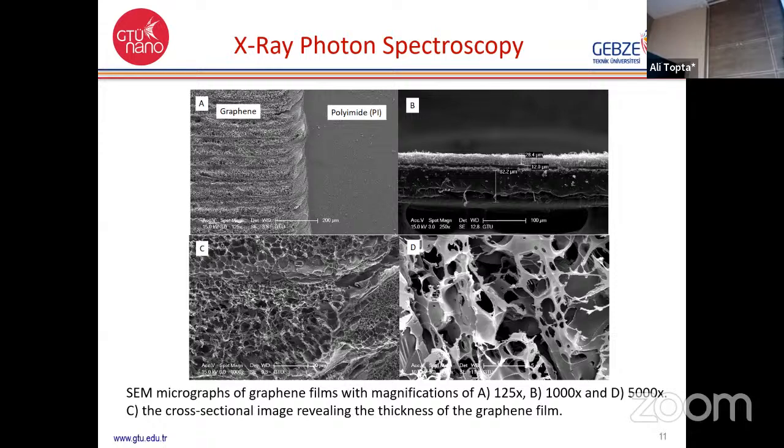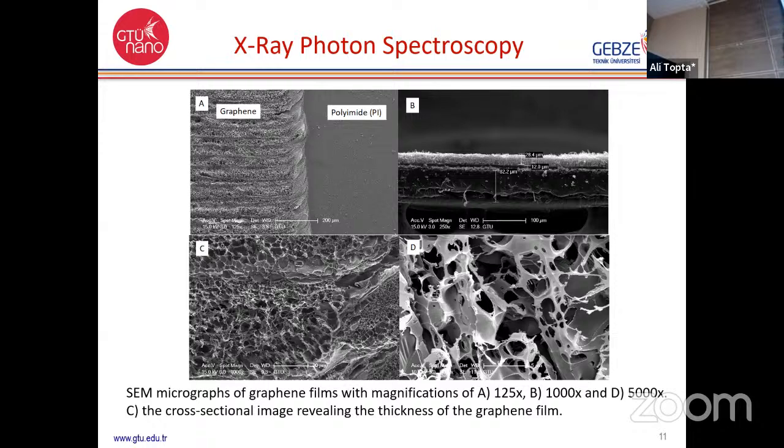When you look even a little bit closer, you see that we have a good sheet thickness of a few nanometers, which also tells us there are a few layers of graphene. This was extremely nice to get.